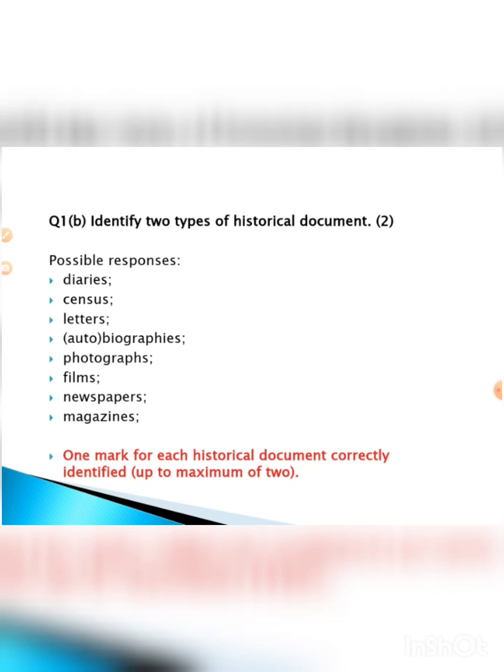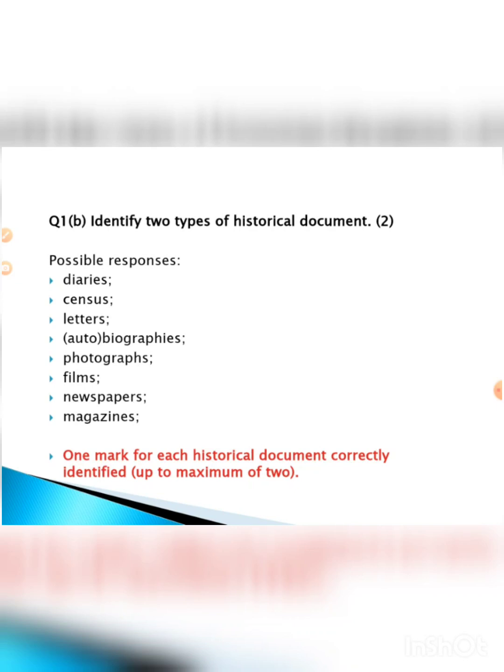It's a question that came out of nowhere, so you need to think about where you can find data that will link you with the past. So these are the possible responses. The examiner says 1 mark for each historical document correctly identified, up to a maximum of 2. So any 2 that you identify.